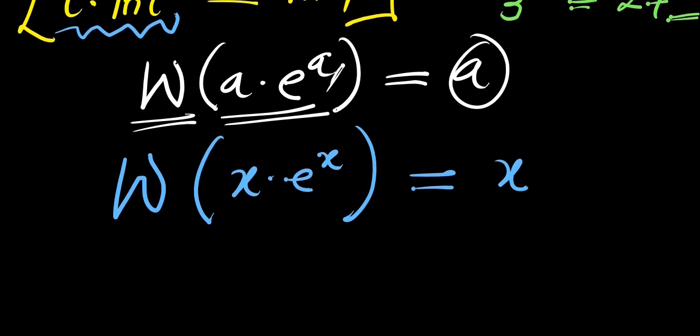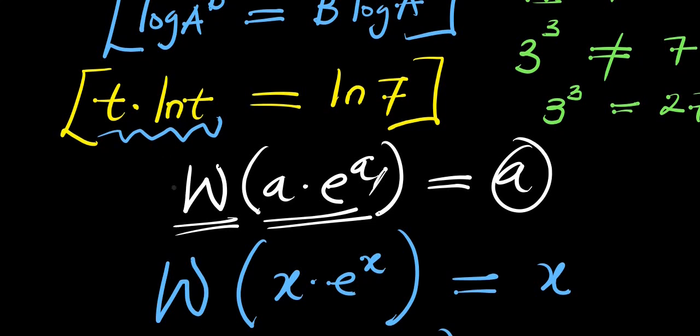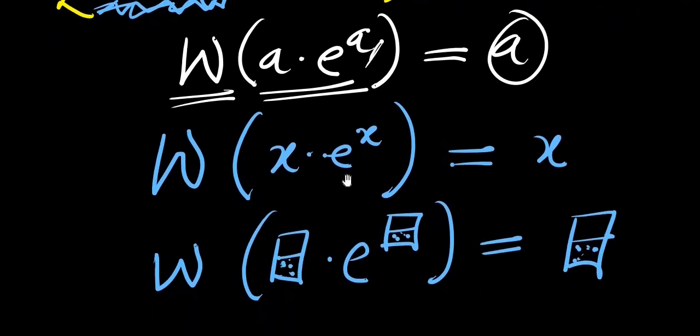Even if you apply the same function, maybe you have the Lambert W function of, let's say, a phone here, times e power of a phone, what you are going to get will be a phone. So this particular function is very powerful as far as the expression you are having here is in the form of a times e power of a, or x times e power of x, or a phone times e power of a phone.